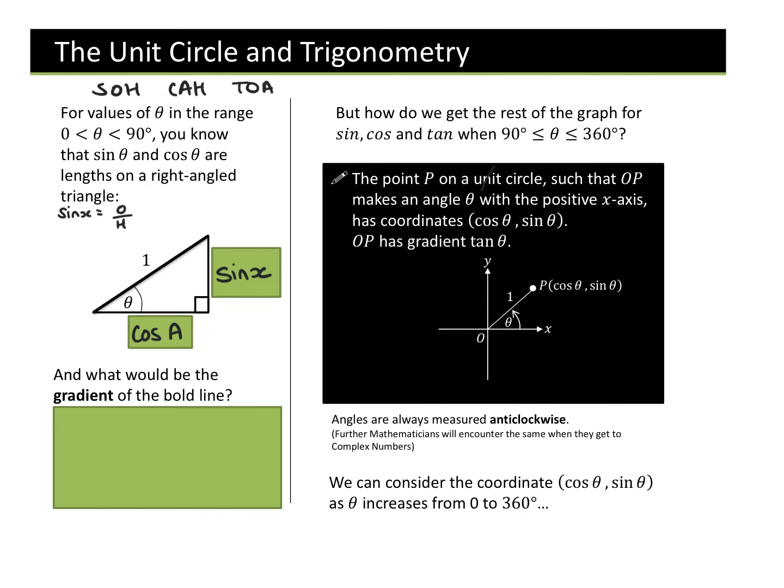Now, what would be the gradient of the bold line? If we think about gradient, we're doing difference in y divided by difference in x. So our difference in y is sine x over cos x. I don't know why I've put a here; I think it's because I was thinking of adjacent. So sine x over cos x is our gradient.